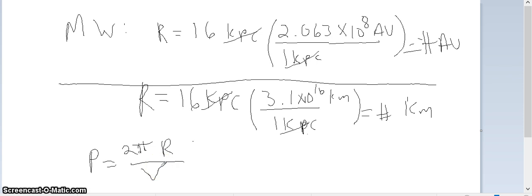So if r is in kilometers and v is in kilometers per second, think about the units: the kilometers will cancel, and you get 1 over seconds. So that'll give us some number of seconds, and then of course you have to convert that to years, right? Because ultimately we need the period to be in years.